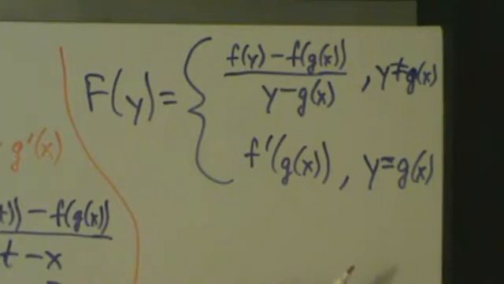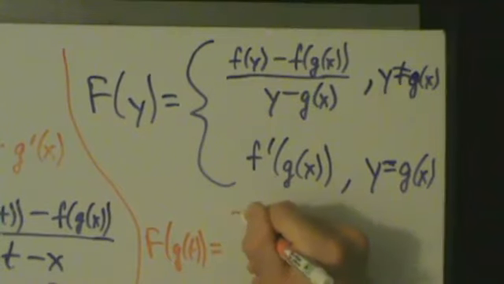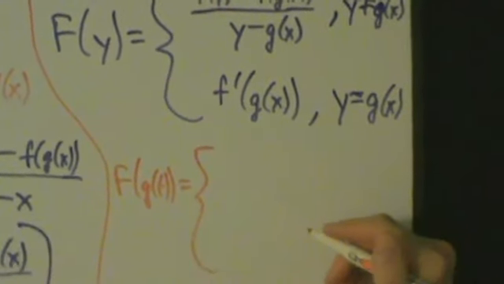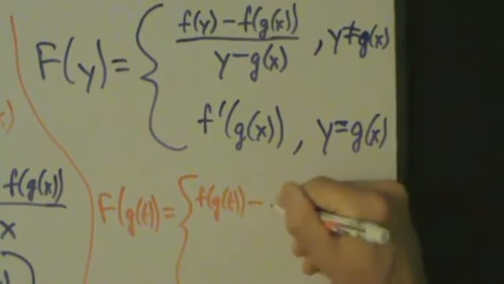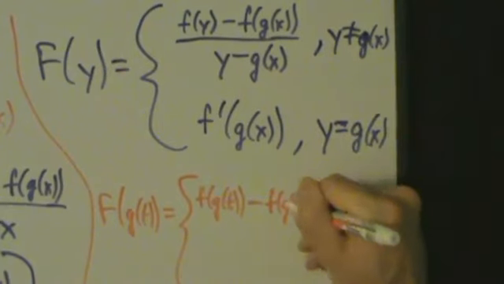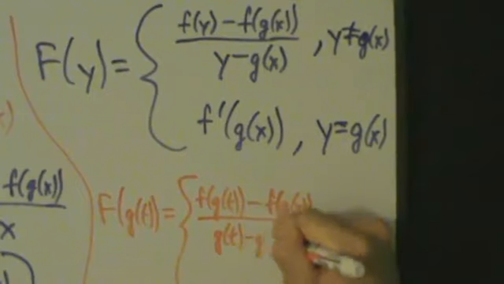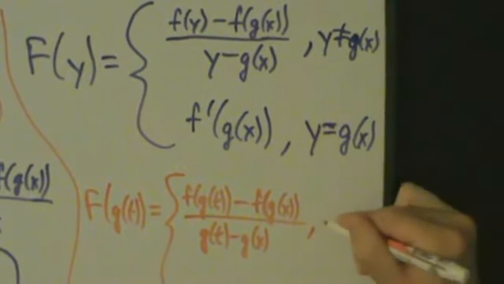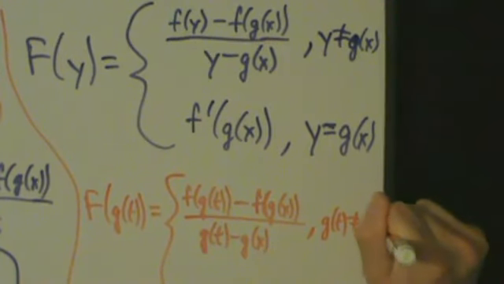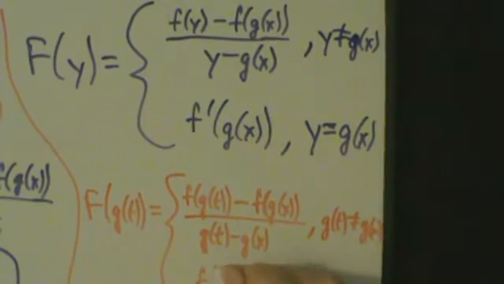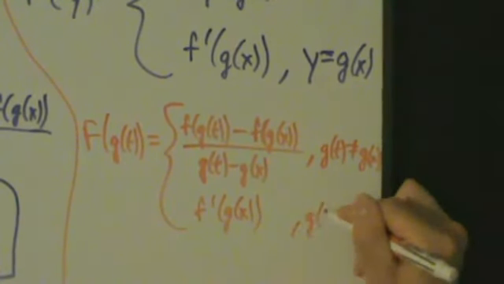Big F of y is this, so that means that big F of little g of t equals little f of g of t minus little f of g of x over g of t minus g of x, if g of t does not equal g of x, and it equals f prime of g of x if g of t does equal g of x.